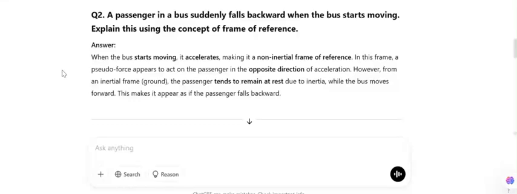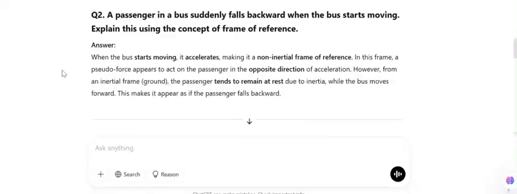However, from the inertial frame of reference, or from the ground, the passenger tends to remain at rest due to inertia while the bus moves forward.